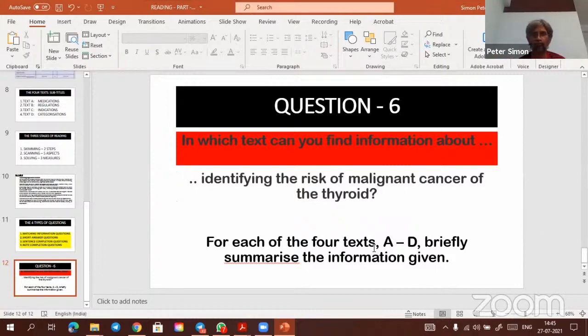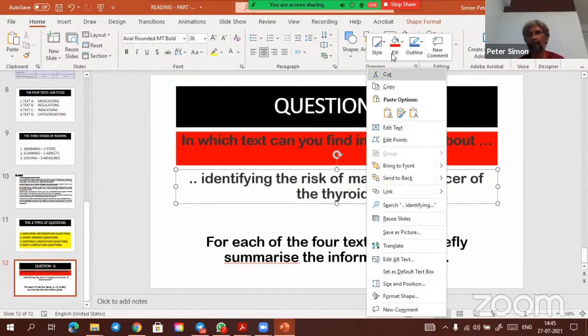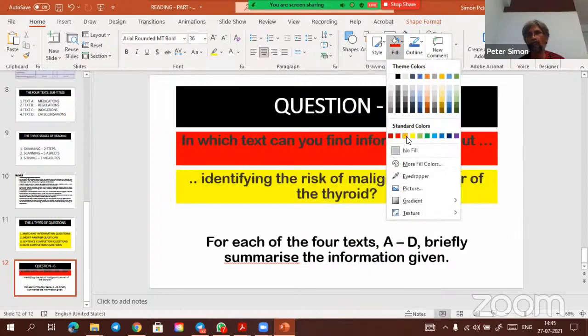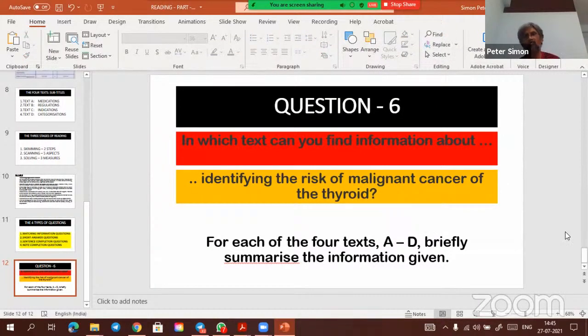Next. This is the question. So where do you find the information to identify the risk of malignant cancer of the thyroid, for example?